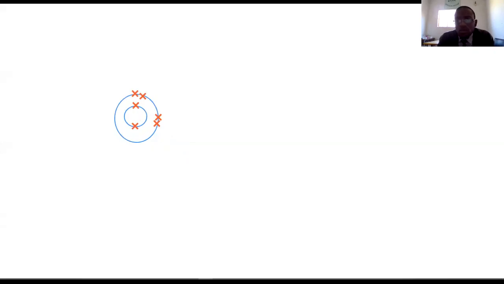So going back to the whiteboard, how do they come up with it? Allow me to clear. To know the maximum number of electrons that should be allocated in a certain energy level or in a certain shell, we use the formula 2n squared.